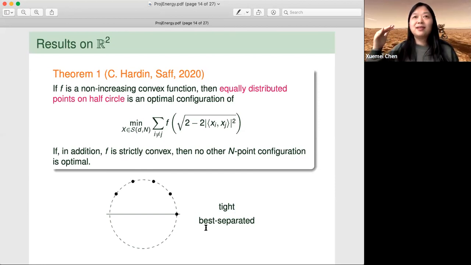I think that depends on the number of points. I forgot, but I think it's a spherical n-1 design if I have n points here. So this configuration is very nice. It's exactly tight. It's best separated, and so it's good that when we do this kind of minimization, we do find it. So it's a good beginning.